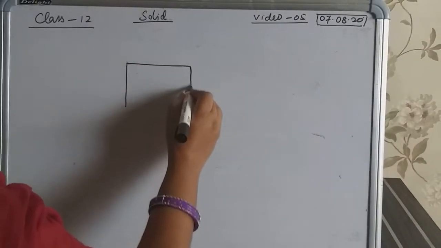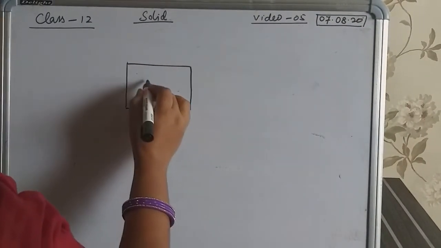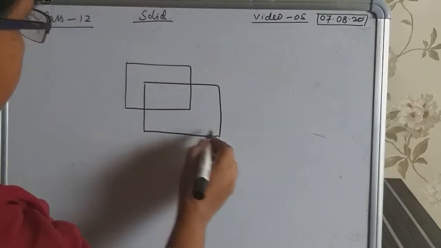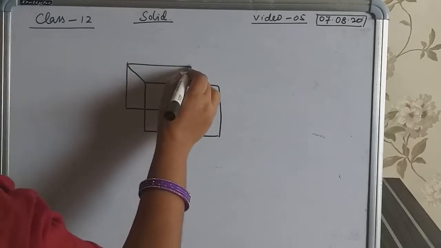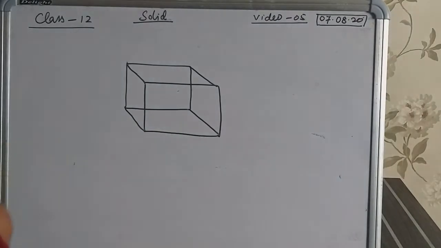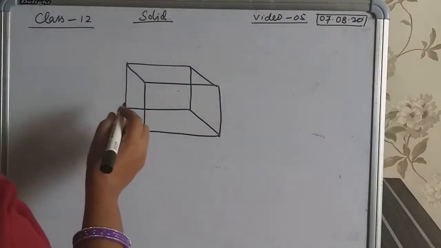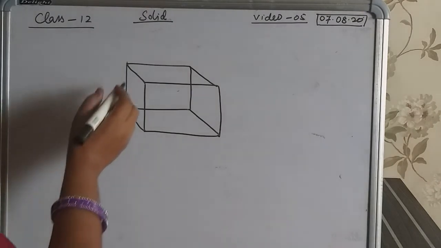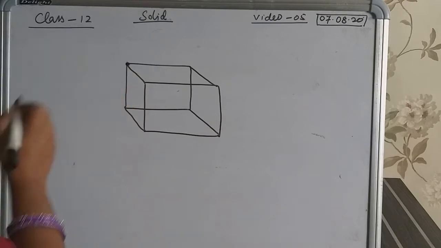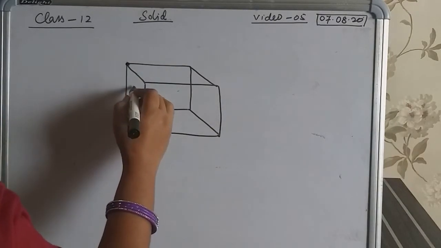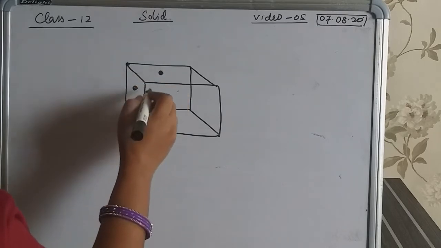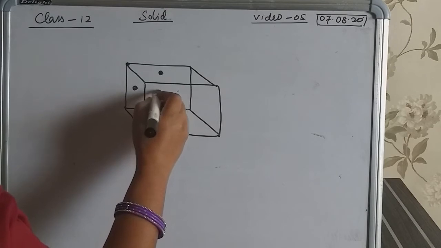At first we draw the cube. For tetrahedral voids, as we studied, they are found at the body diagonal. Here is the first atom, and one on this face, one on this face, and one on the back face.